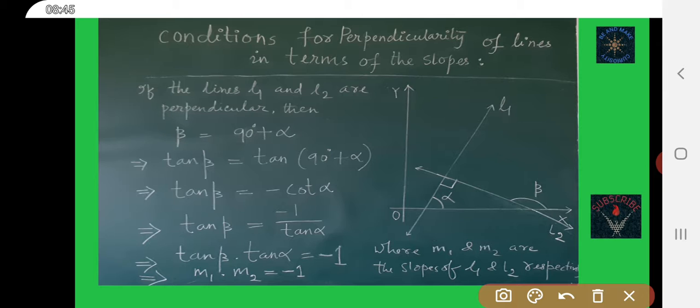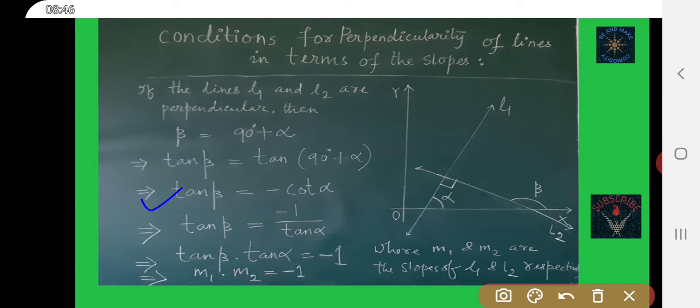Okay, now you take tan on both sides, then tan beta is equal to tan of (90 degree plus alpha). Here beta and 90 degree plus alpha lie between 0 degree and 180 degree. So you can write tan beta is equal to tan (90 degree plus alpha).